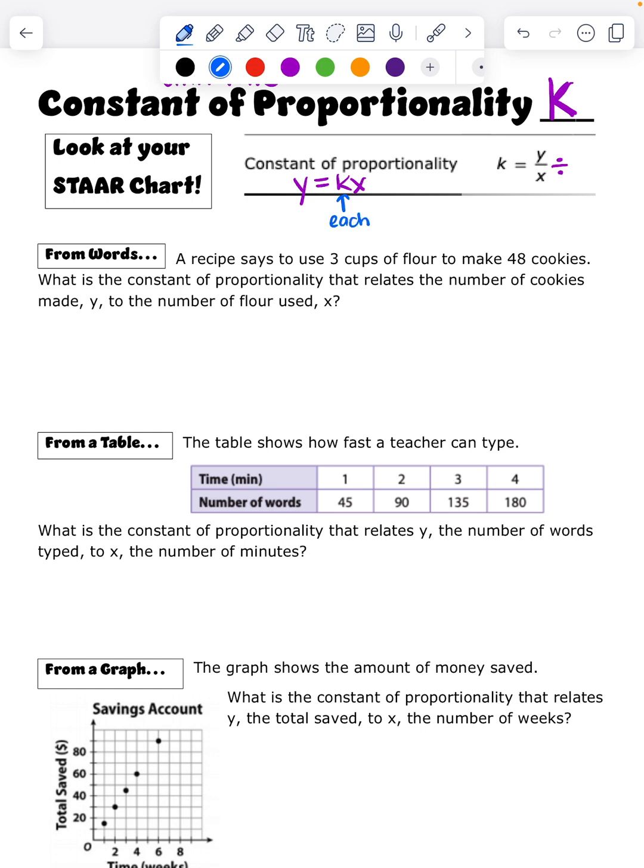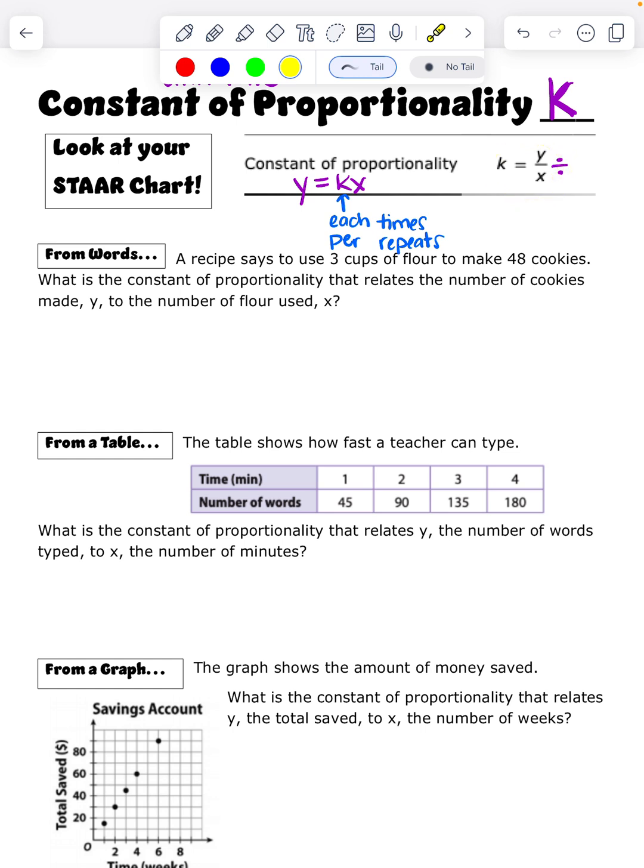That's the each, the per, the times. Remember that number in front of X is the number that is repeating, okay? And so again, we are going to practice writing Y equals KX on our formula chart so that we don't forget, all right? But again, this piece right here is on your star chart. You don't have to memorize that, all right?